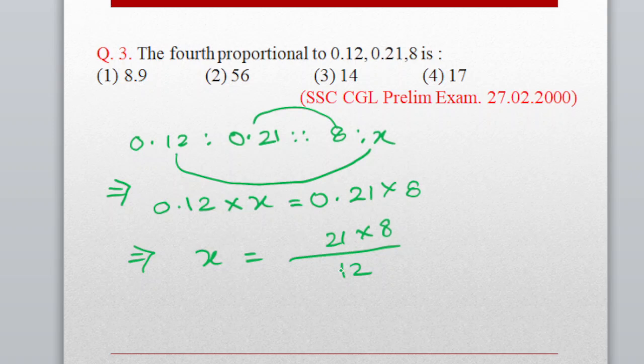So here 4 3s are 12, 4 2s are 8, 3 7s are 21. So 7 into 2, that is equal to 14. So here option 3 is the right answer. Now next question.